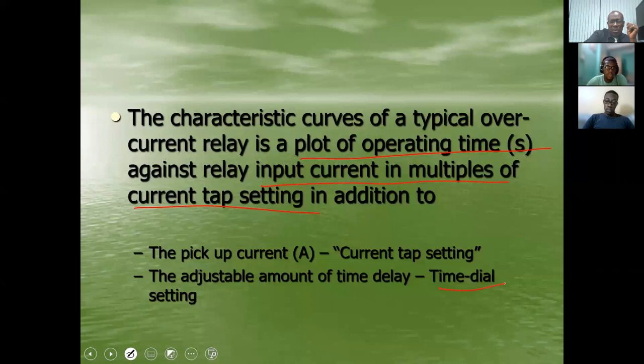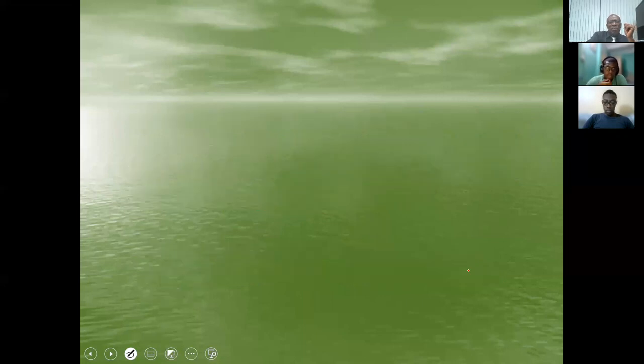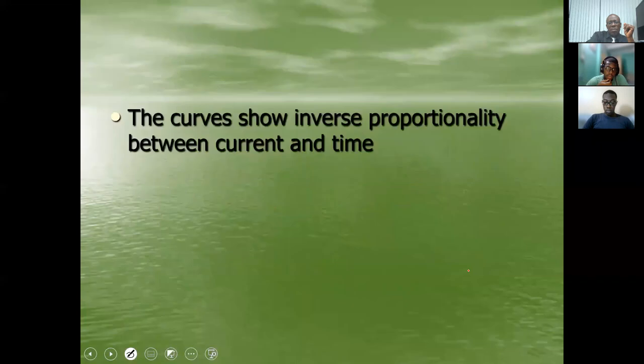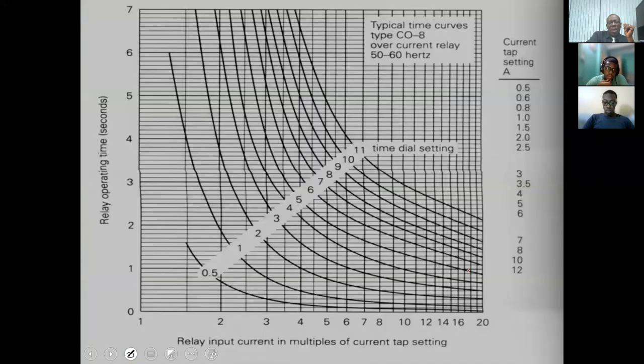And we mentioned the time dial and the tap setting. So the time dial setting, again, remember that dial I showed you on the electromechanical relay. Yes. So those are the different time dials, and these time dials just tell you how close the movable contact in its rest position is to the fixed contact.